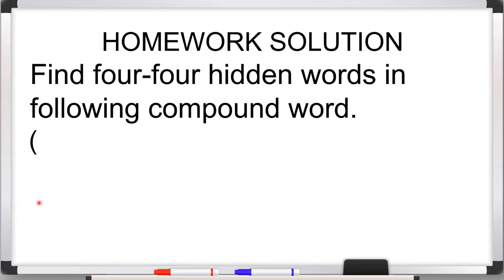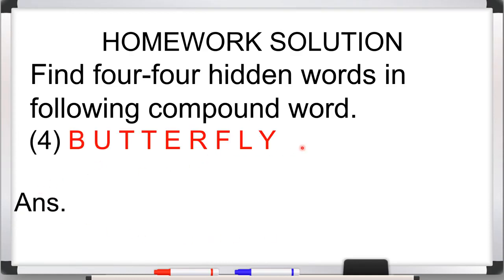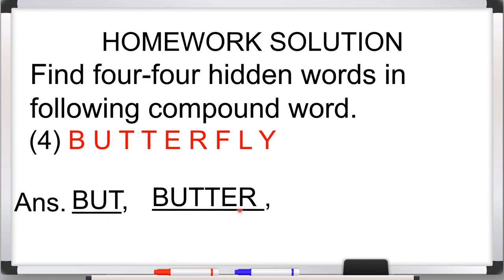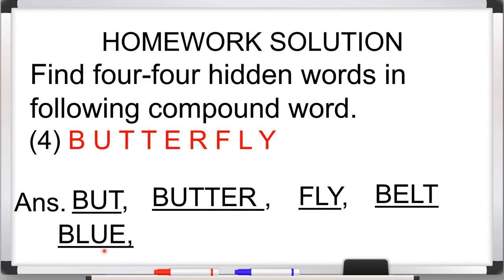Now question number 4, butterfly. Now we will make first word but means parantu. Next is BUTTER, butter means makhan. Next one is fly. Okay, udana. Then BELT, belt. You know the meaning of belt. Next one is blue. This is a color, BLUE. Next is blur, BLUR.